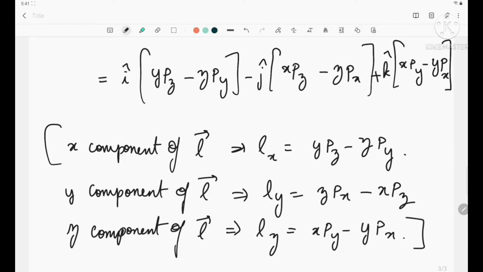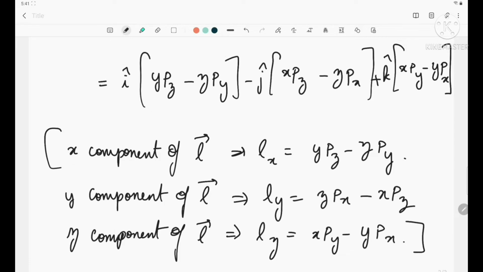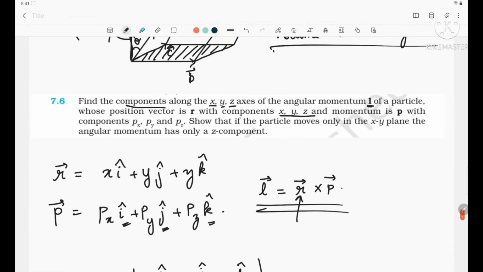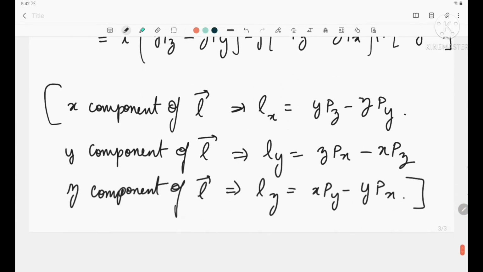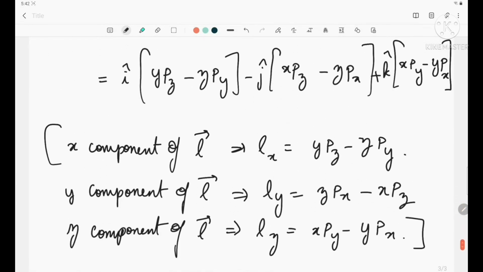Now they had asked a second part in this question. Show that if the particle moves only in the xy plane, the angular momentum has only z component. So if the particle is moving in the xy plane, then the particle will have only px and py, isn't it? pz will be equal to 0. Okay, and since the particle cannot be present along the z axis because it is only on the xy plane, the z position is also equal to 0.